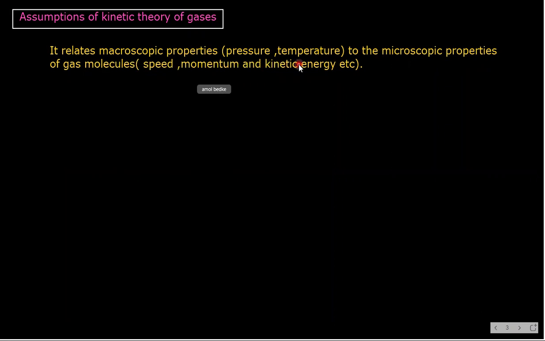Means, in this kinetic theory of gases, we will always relate pressure and temperature with speed, momentum, kinetic energy, etc. How it is, that is what we are going to learn in this.